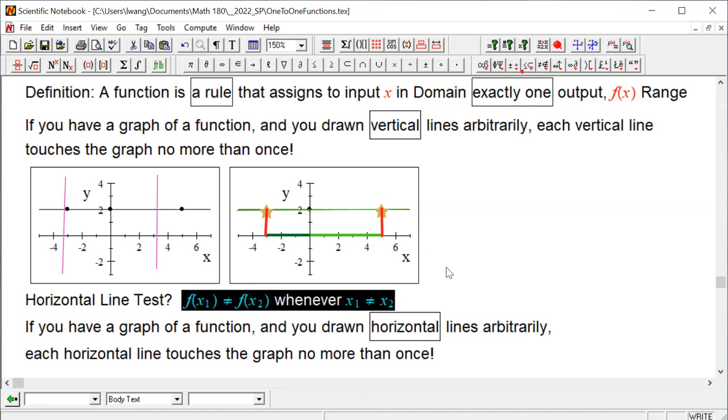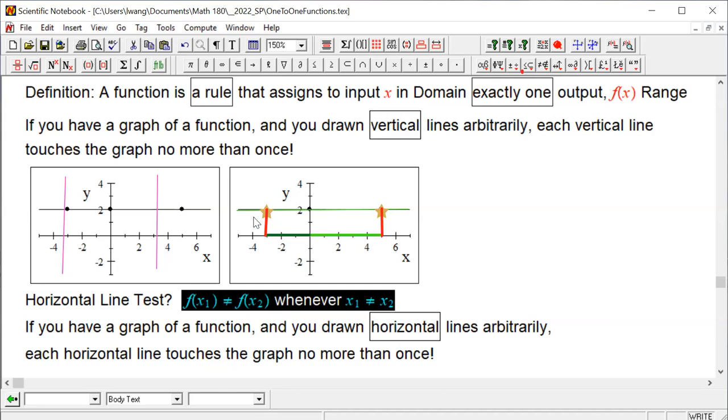In our case, we have the horizontal line touching the graph an infinite number of times. And that violates the definition of one-to-one function. That's what it means: different inputs produce the same output.